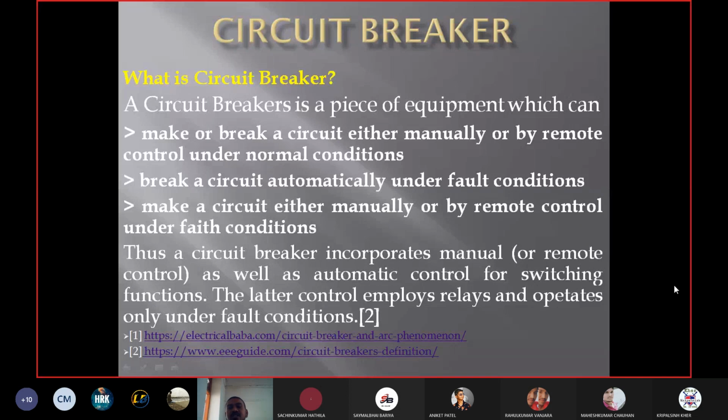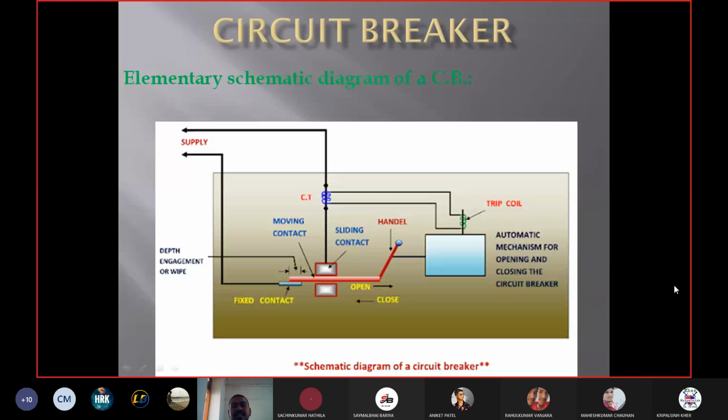Mainly the function of the circuit breaker is the switching function, whether it makes the circuit or breaks the circuit. The latter control employs relays and operates only under faulty conditions. In conjunction with the relay, it can operate under the faulty conditions. So this is the basic information regarding the circuit breaker.